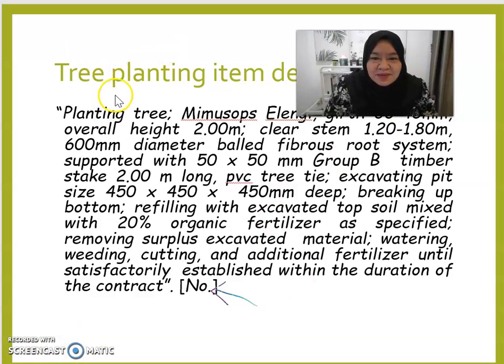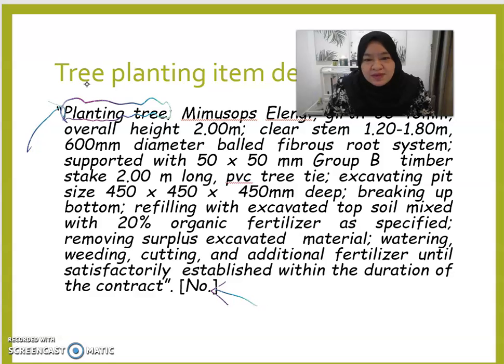So for example here, the first one is planting the trees. This is the work that needs to be done on site, which means we want to plant the trees. What will be the botanical name of the tree? For example, here we have Mimusops elengi. Hopefully I pronounced it correctly.